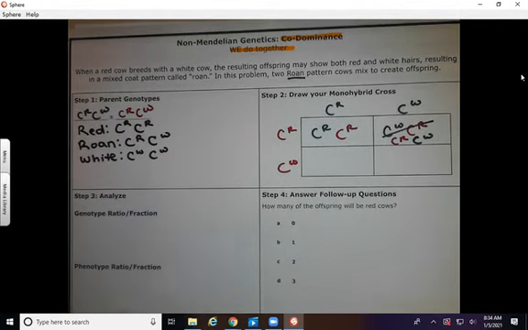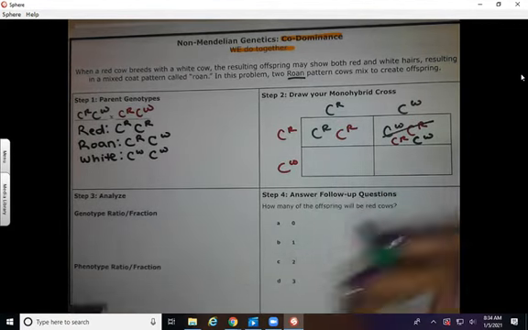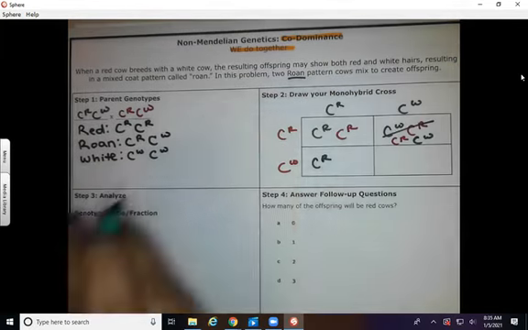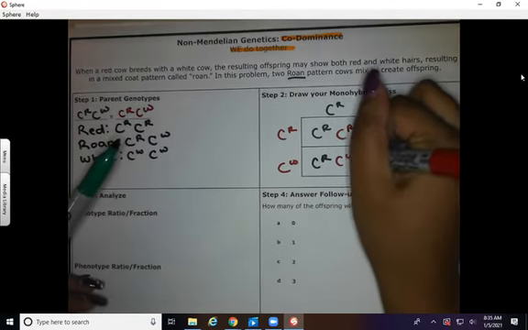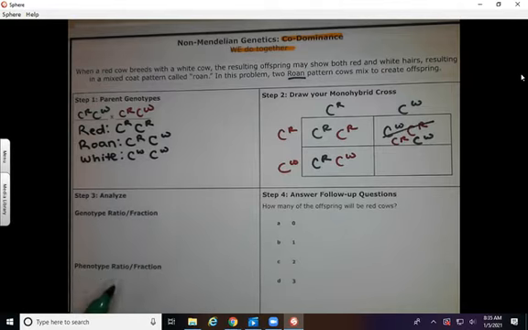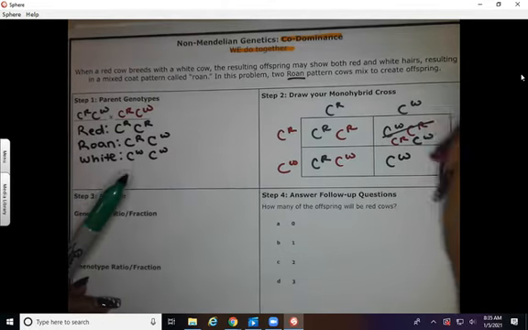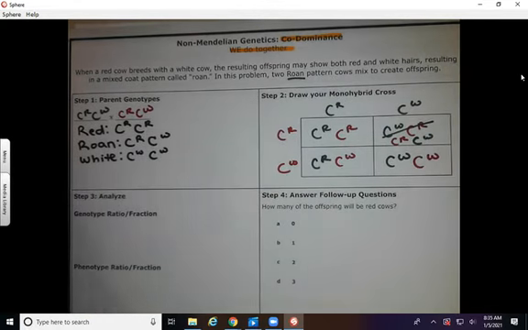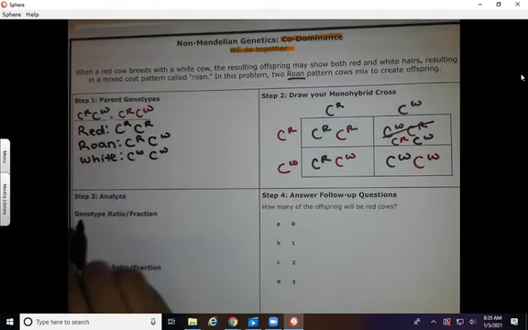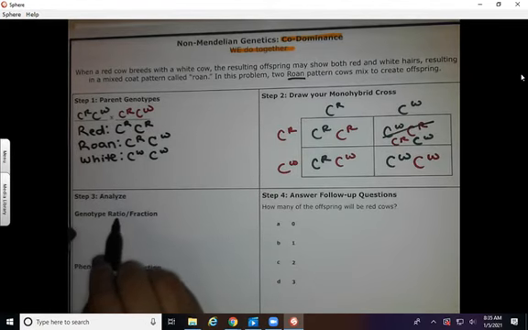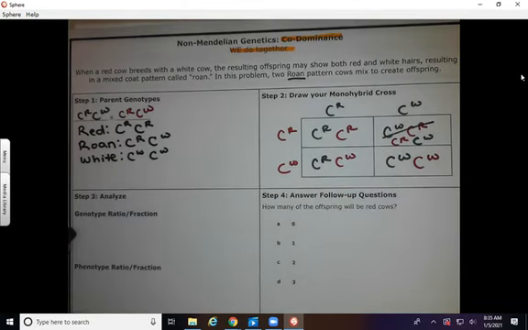Okay, let's go to the next one. CRCW, and then what would be in the last box? Okay, CWCW. Let's go ahead and analyze this together now. What is the genotype ratio for the offspring?